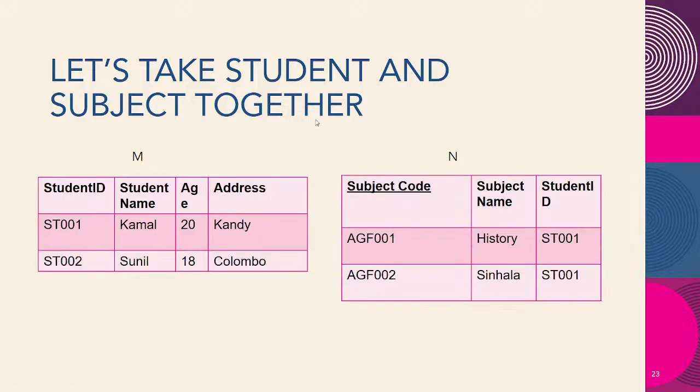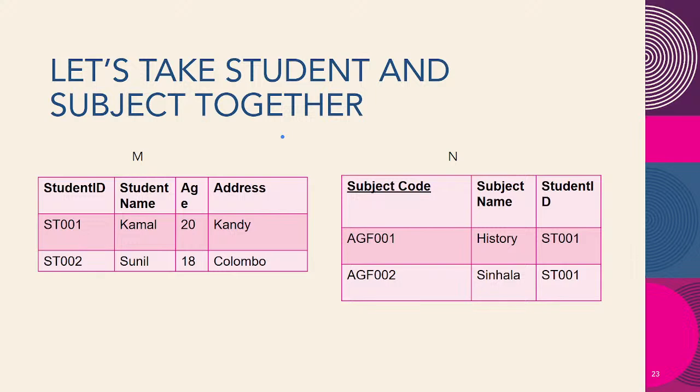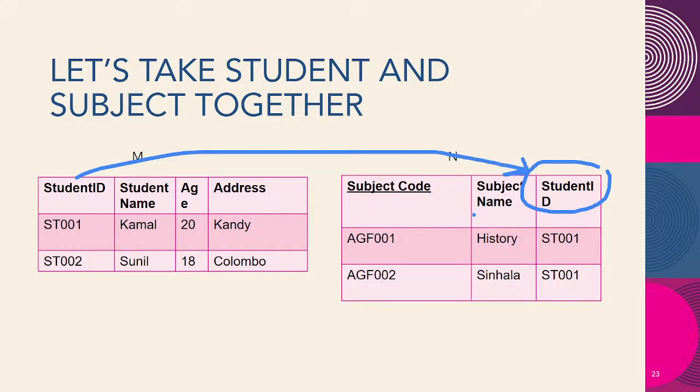Now we will see whether this will work. Now what we have done is we have put the student ID here from this table. Now this is the primary key.